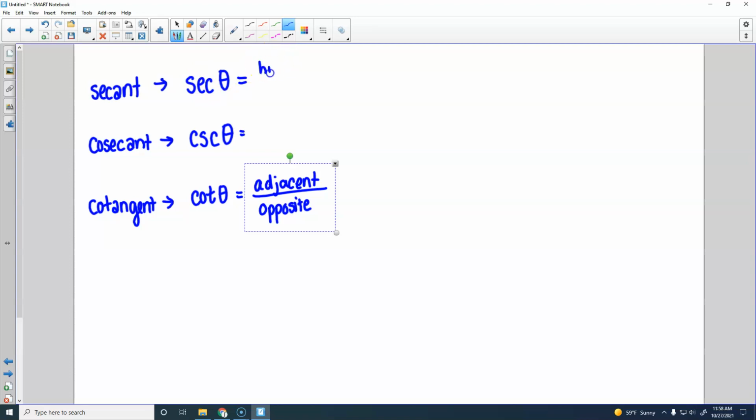Secant is hypotenuse over adjacent. And then cosecant is the reciprocal of sine, so it's hypotenuse over opposite.